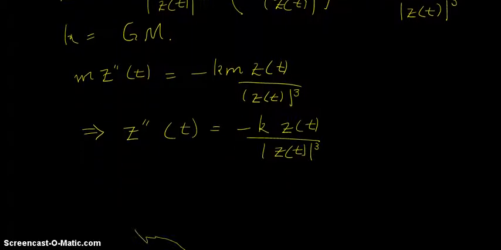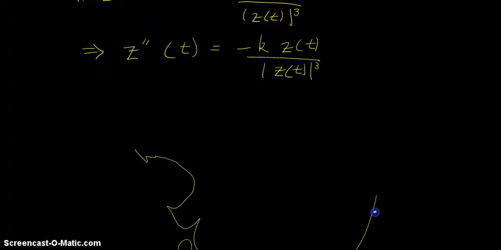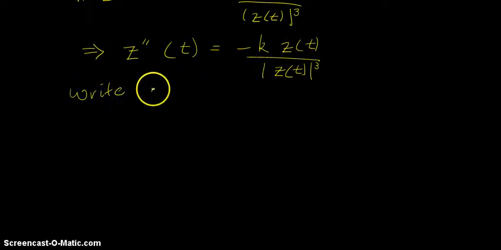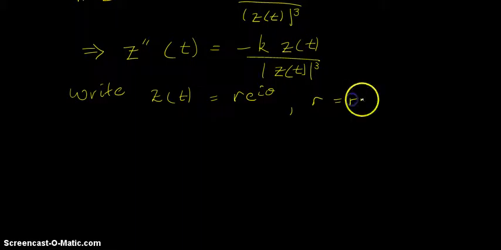Now the next step in this is to, oh gosh, rub this out. The next step is to write Z in its polar form. So it's going to be R e to the I theta, where both the R and the theta are going to be functions of time.